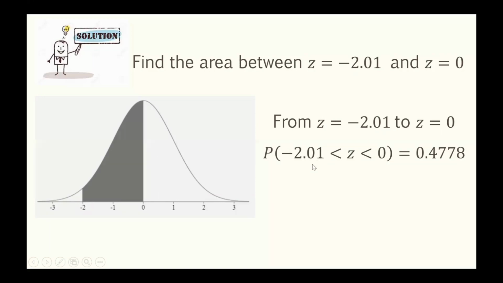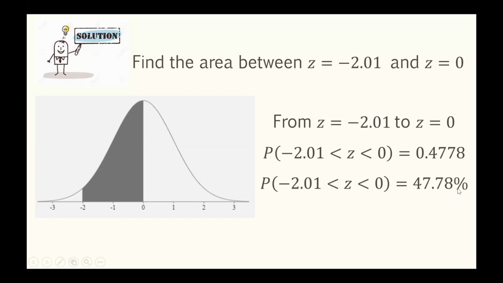For the symbol, to get the area, P, or probability, open parenthesis, we started from negative 2.01, less than z, less than 0, and from the standard normal table for z, that is equal to 0.4778. In percent, that is 47.78%.